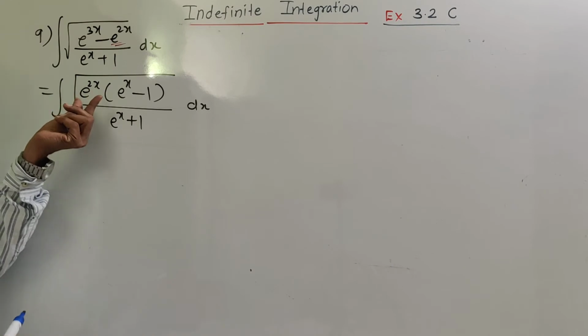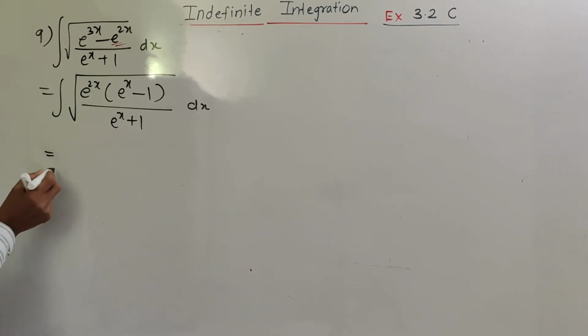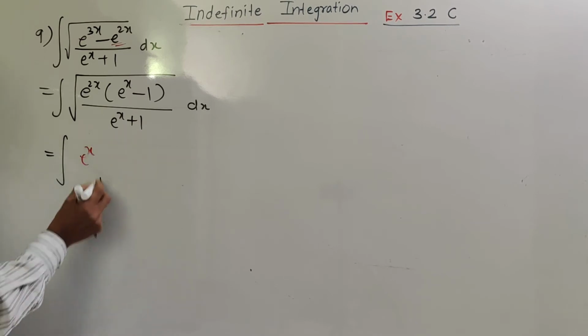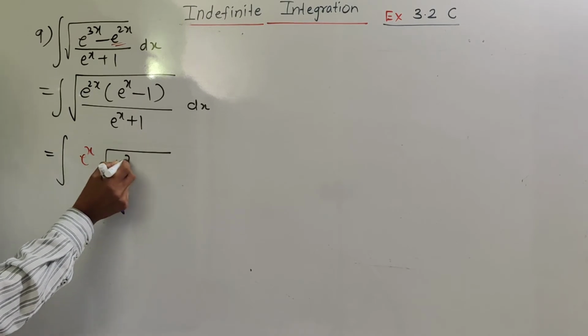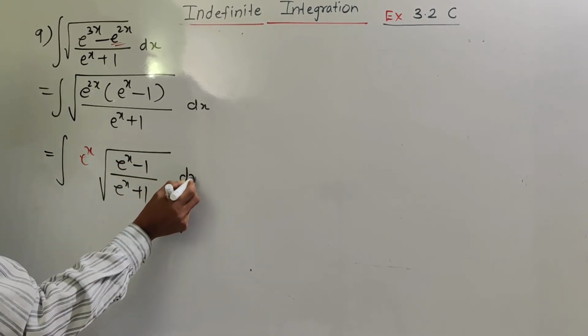Now e raised to power 2x inside the square root becomes e raised to power x. It is integral e raised to power x and root of (e raised to power x minus 1) upon (e raised to power x plus 1) dx.